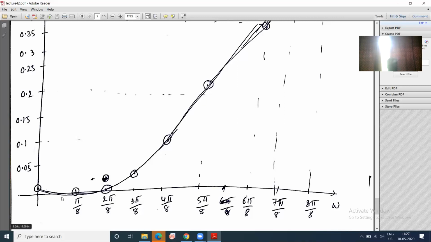In every interval of pi by 16 you will be having one more value in between. So from 0 to pi by 8 you are having one value, and if we take one more value in between, then your response will be much better. Agreed?